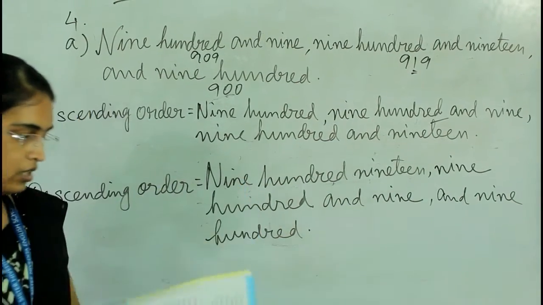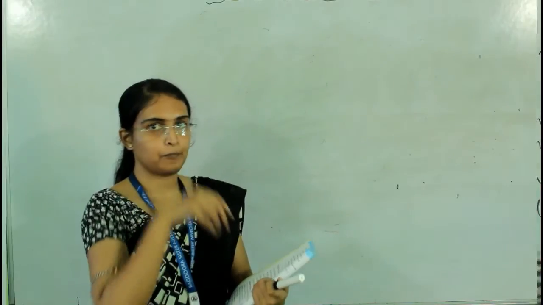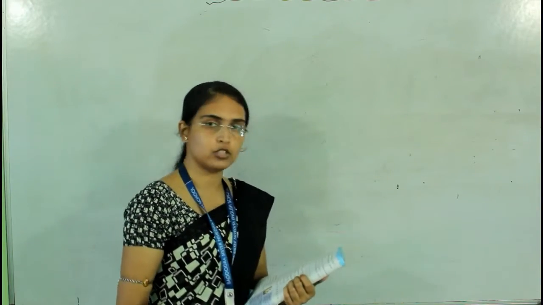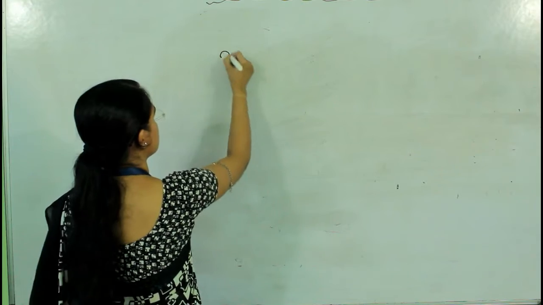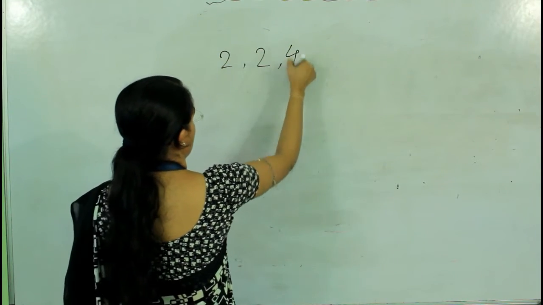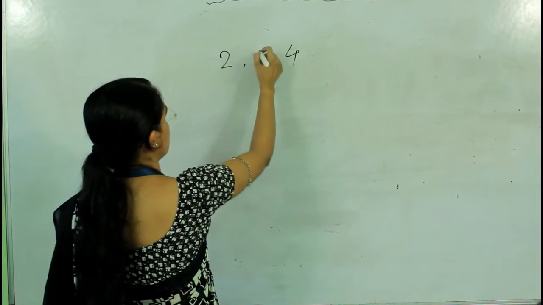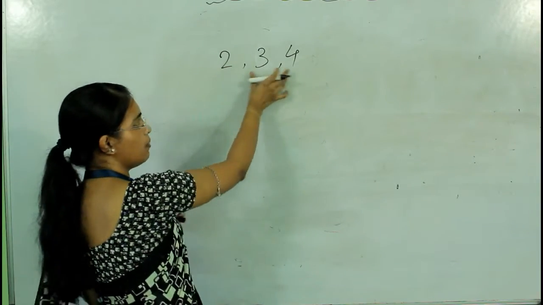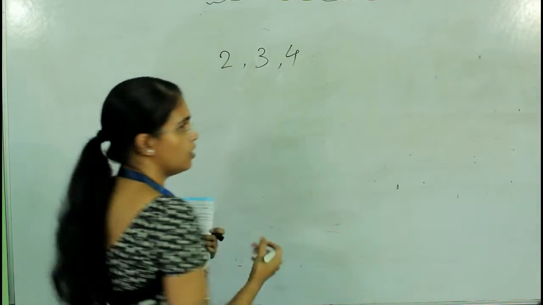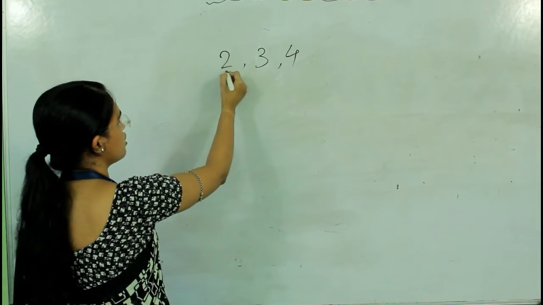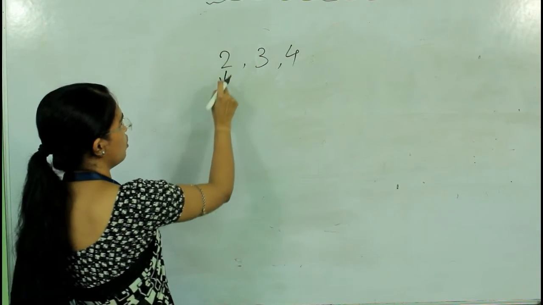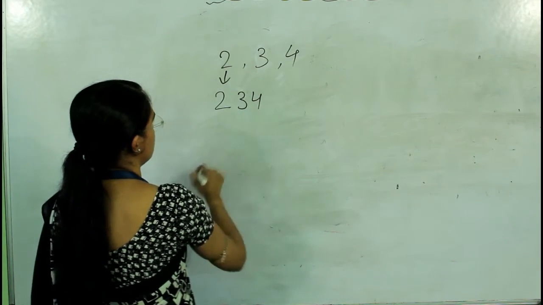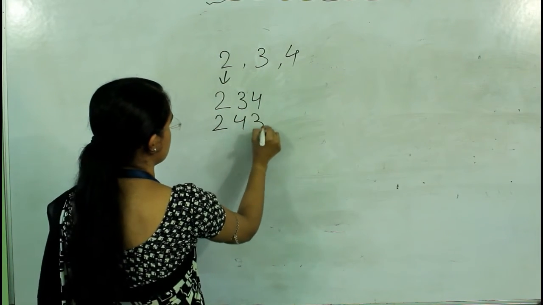Now we will go to the last topic. The next topic is making numbers with given digits. Suppose there are 3 digits. With the help of these 3 digits you can make different numbers. Like first I will take 2. With these digits I can make 234, then 243.